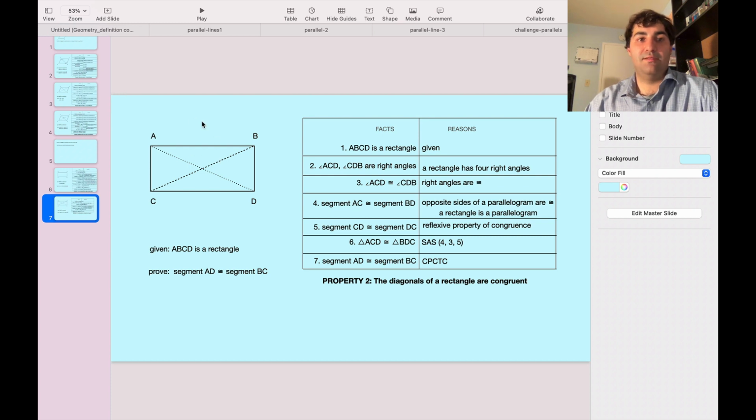So just go over this video. It's a very important video, I think, because I've derived the properties about parallelograms and rectangles, and this will be very useful when we do proofs in the future, because in math everything builds on itself.